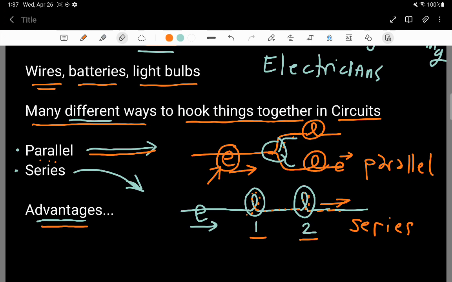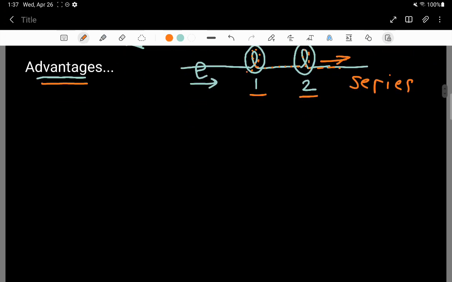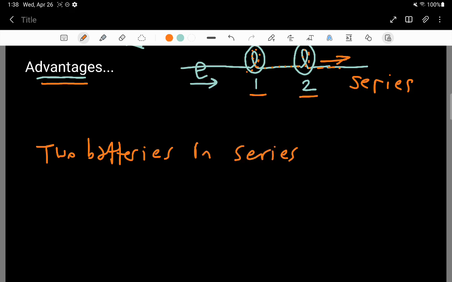Right? But the light bulbs aren't the only thing that can be in series and parallel. Batteries, the power supplies, the energy storehouses, can also be in series and parallel. So let's put 2 batteries in series.